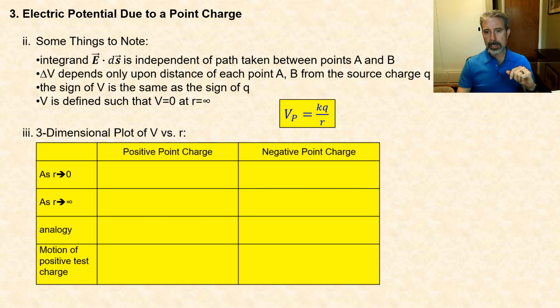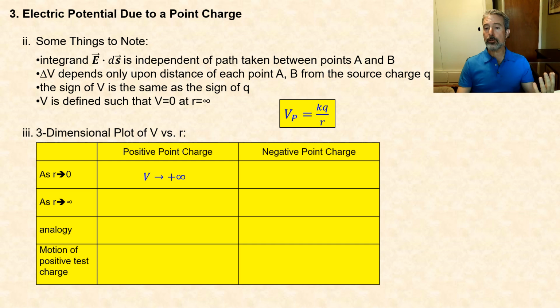Well, just looking at the definition, you can easily see that as r goes to 0, that is, as you get very, very close to the positive point charge, the potential gets bigger and bigger. And at 0, it would go to positive infinity.